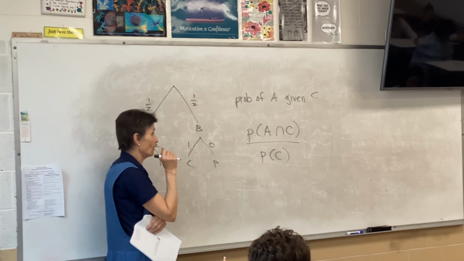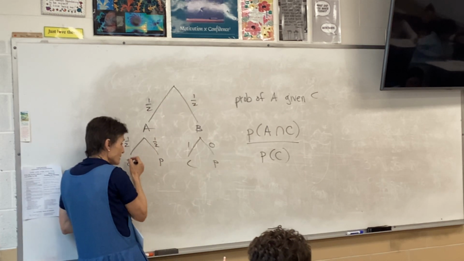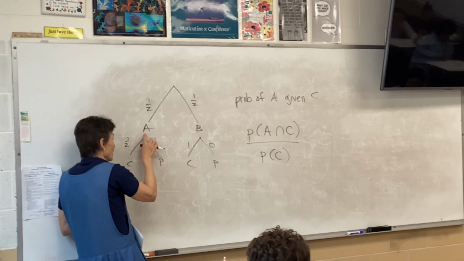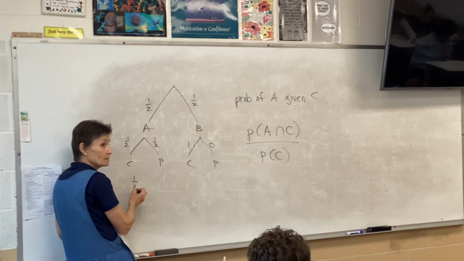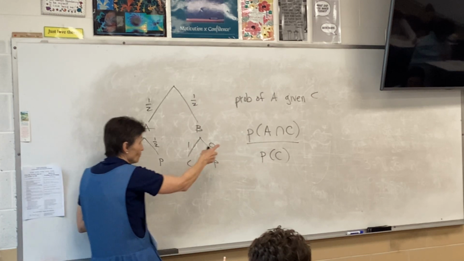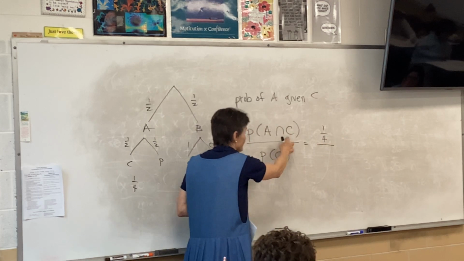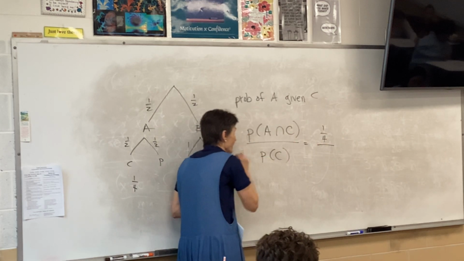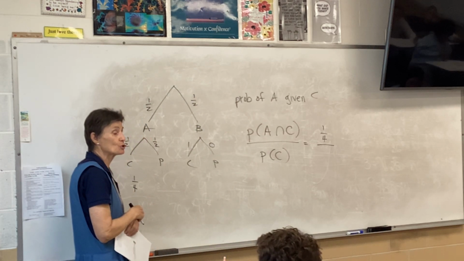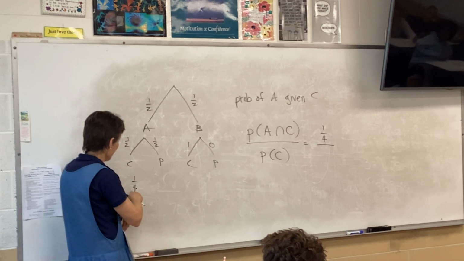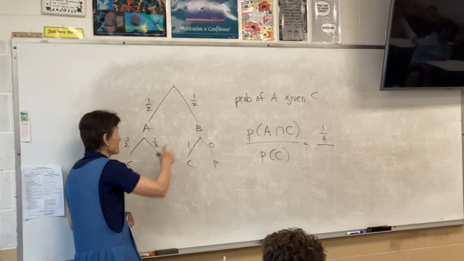Okay? So, what is the probability of A and C? Both jar A and chocolate chip, this would be 1/4. So my numerator is 1/4. Now what's the probability of getting a chocolate chip cookie? The total probability. Well, this is one way to get a chocolate chip cookie, right? But isn't there another way?